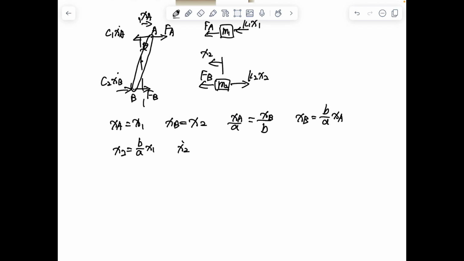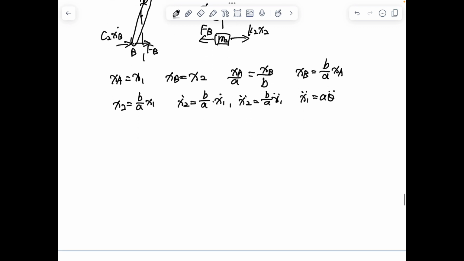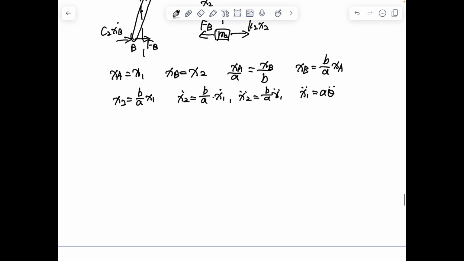Then x2 dot is equal to b over a times x1 dot. Then x2 double dot is equal to b over a times x1 double dot. Then x1 double dot is equal to a theta double dot. So if we apply Newton's second law to the x1 direction, then we have sum of Fx1 is equal to m1 x1 double dot.